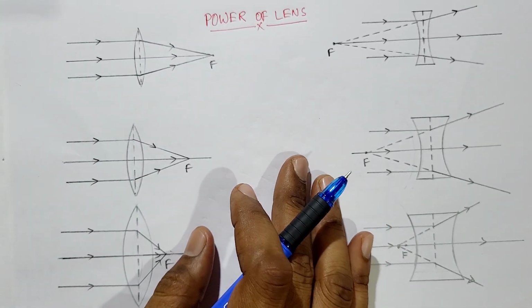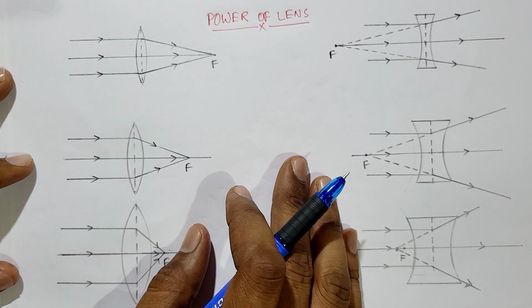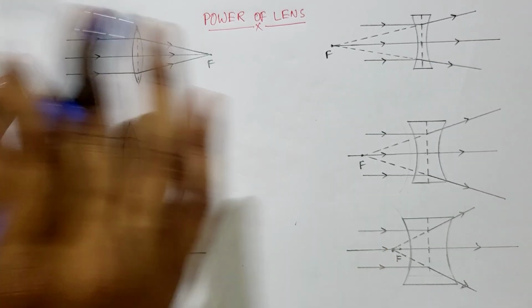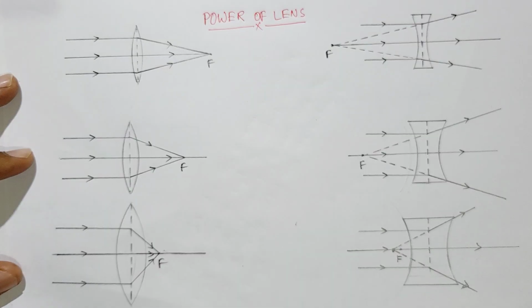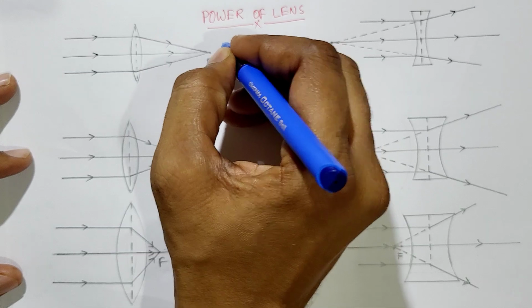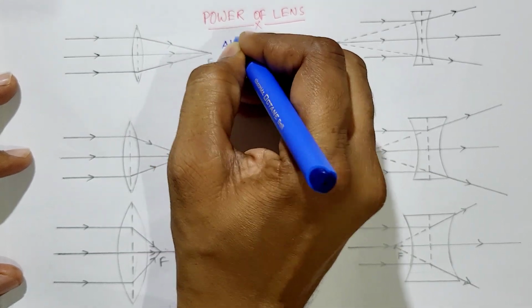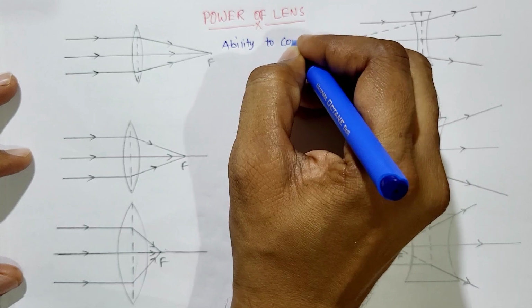Okay, so without wasting any time, let us come to the concept now. What is power of lens? Power of lens means the ability of a lens either to converge or diverge. Power of lens can be defined as the ability to converge or diverge.